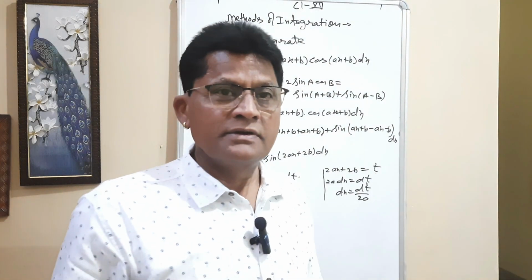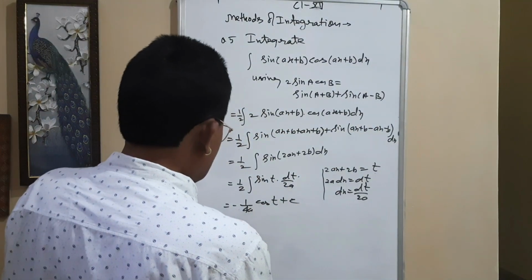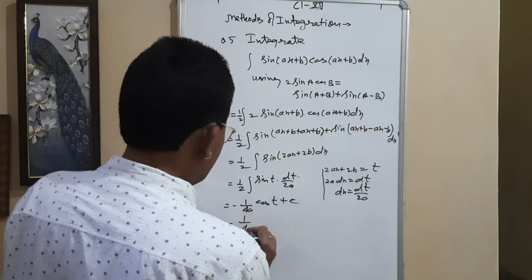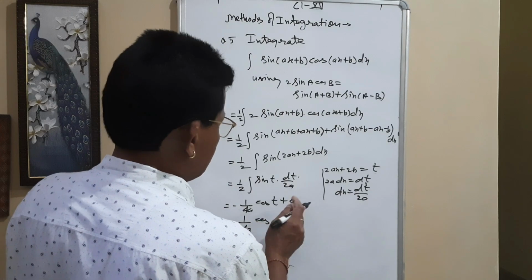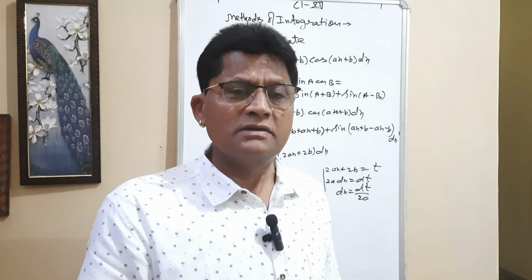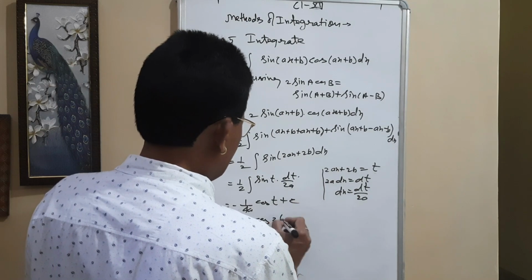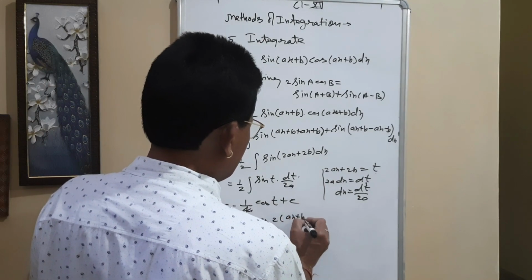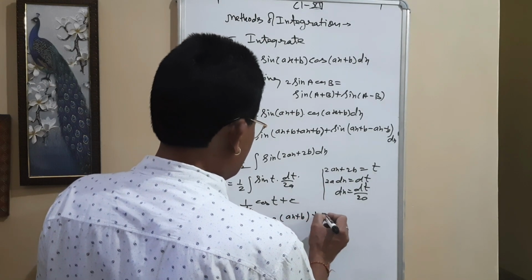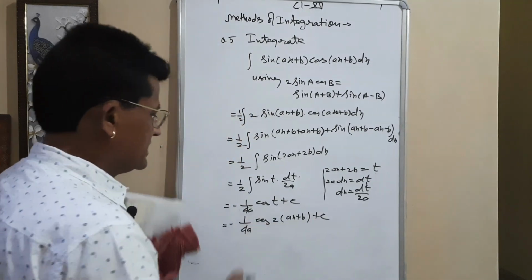Then it will be equal to minus 1 upon 4a cos t, and cos t means you write its value t, that is 2ax plus 2b, plus c. My dear student, it is the integration of it.